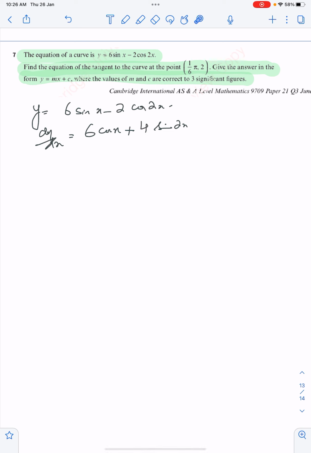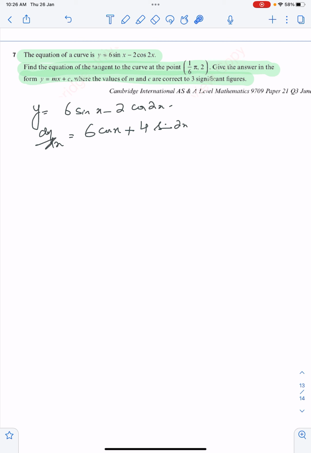Why? Because the differentiation of sin x is cos x, so 6 cos x. Minus the differentiation of cos x is a negative sign, so negative becomes positive. Differentiation of cos 2x is sin 2x multiplied by 2, so 2 was already here, that's why I wrote 4 sin 2x here.